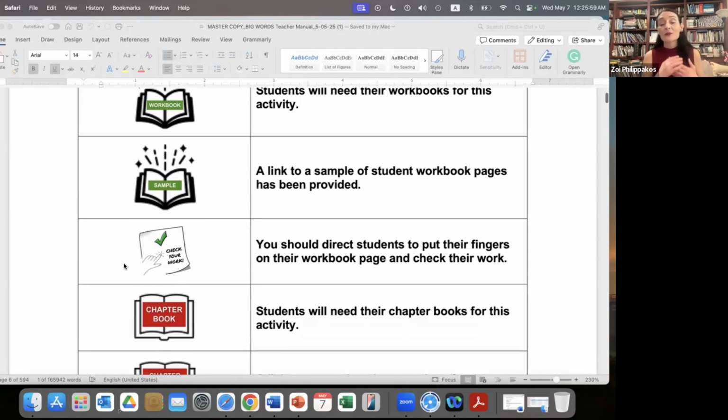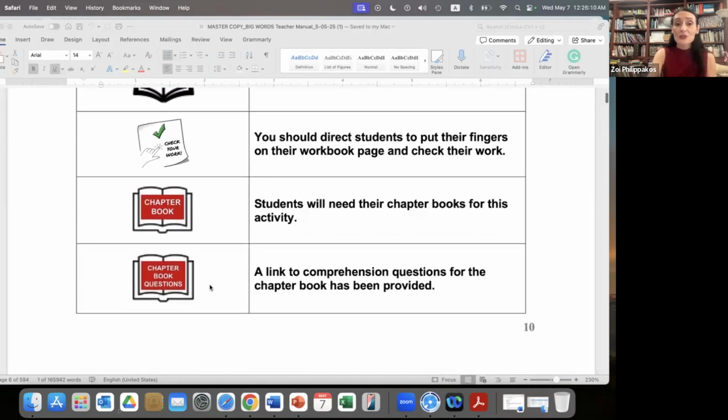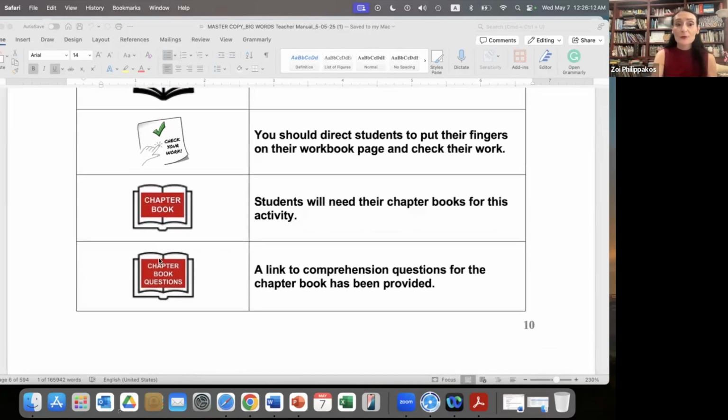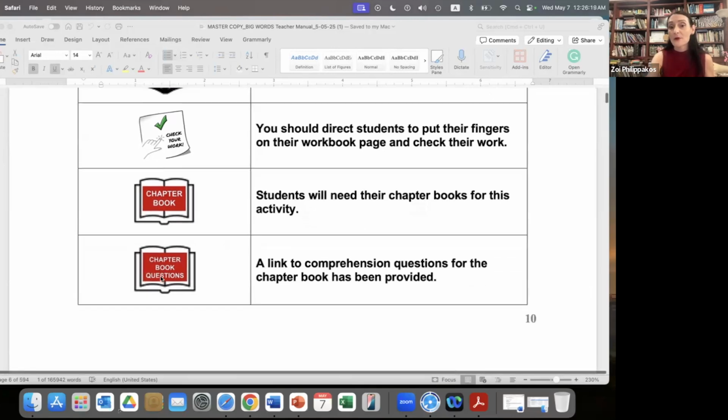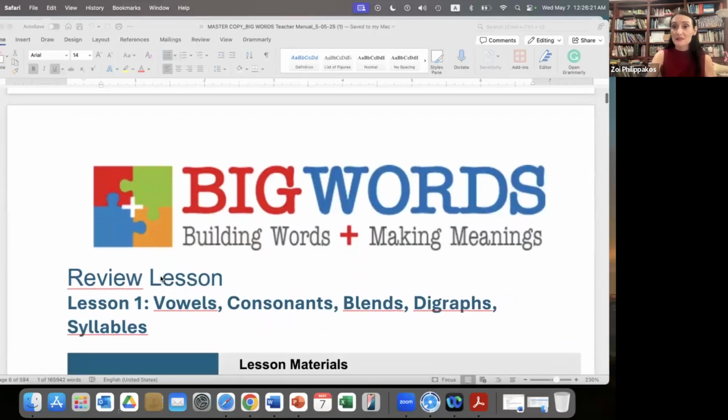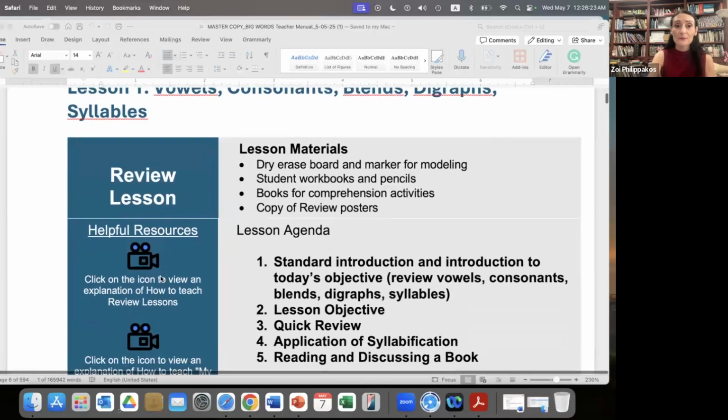Check your work means directing students to put their finger on their workbook page and check their work with your guidance, because you may say in the lesson, put your finger on the first word, but that's part of checking. Chapter book is when you're reading. Chapter book questions is when you will be asking questions related to the text, and you have a link to the comprehension questions that relate to the specific chapter book that you will be using.